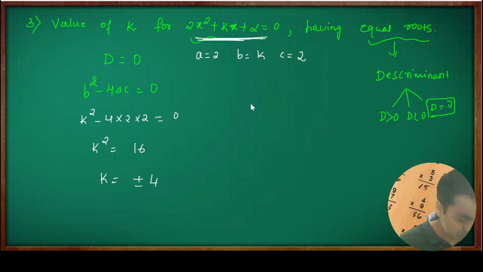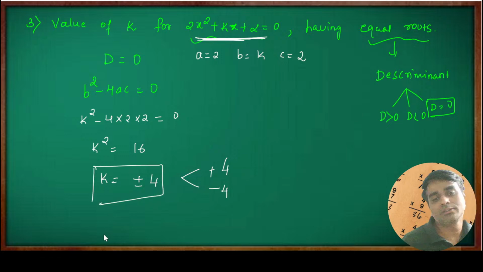If you write only plus 4, or if you write only minus 4, then you may go wrong. Therefore don't forget to write plus or minus 4. Don't write just 4, correct? If you write just 4, then it is just plus 4.